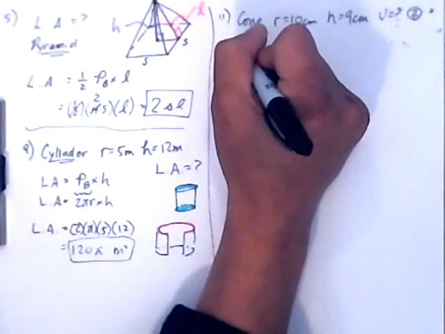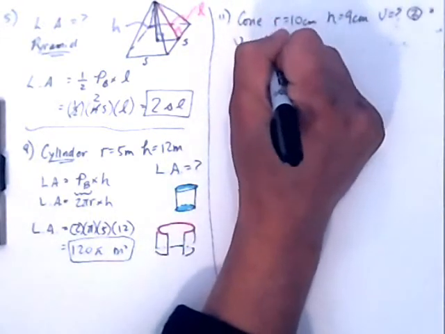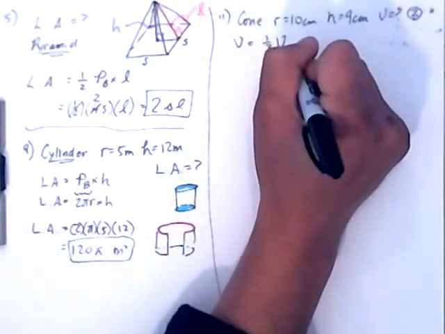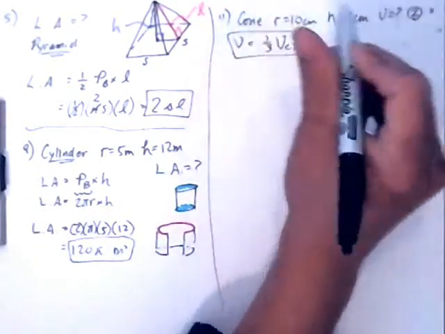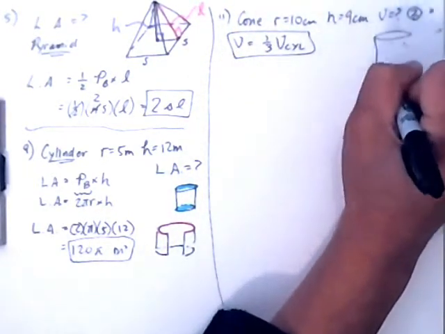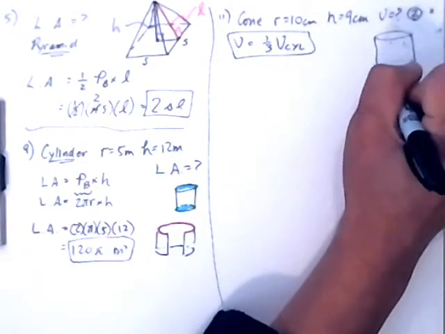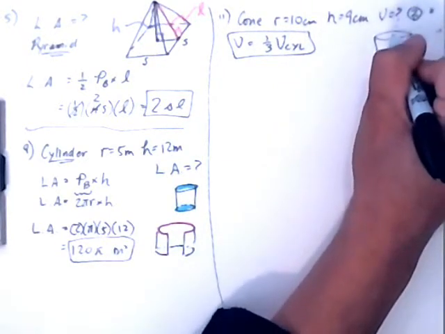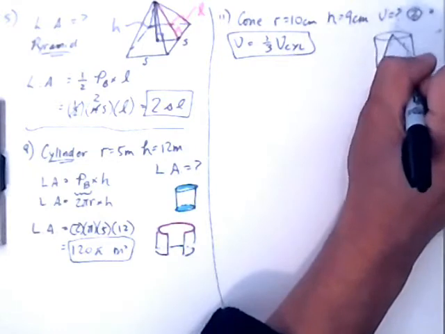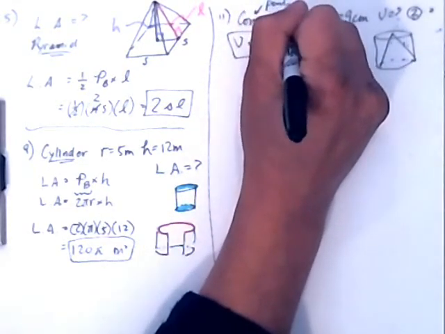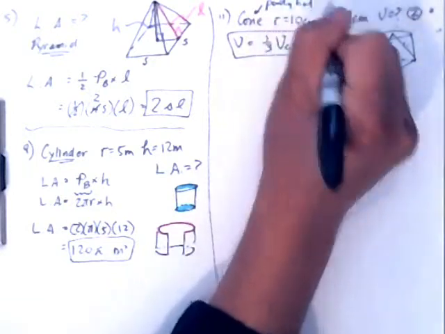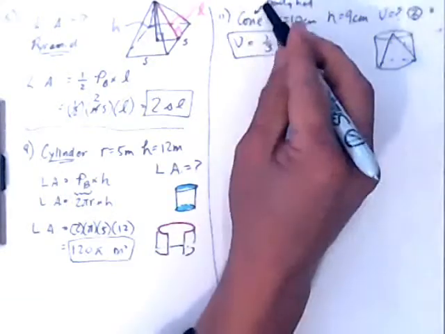So the volume of a cone is equal to 1/3 the volume of a cylinder. And let me draw it for you to show you how it works. So you have a cone. A cone is basically a party hat. For most of you, you've seen these before.